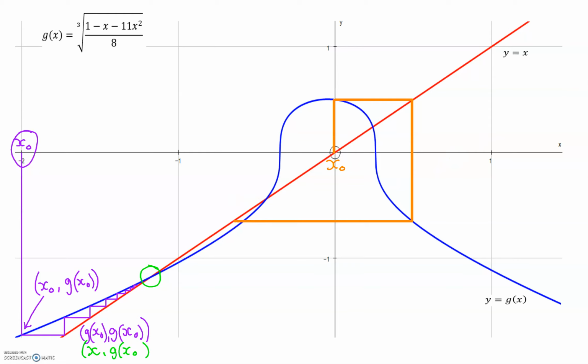And what's happened is we've actually gone right back across towards the root that we've already found. And if we were then to continue our iterative process, you can see quite clearly that when we go between the curve and the straight line, we're actually going to head down towards the root that we've just found with a start value of -2.